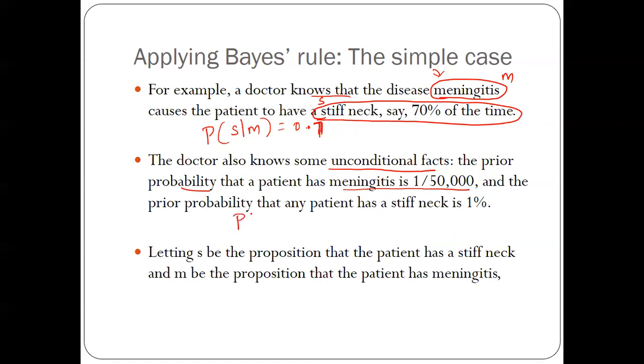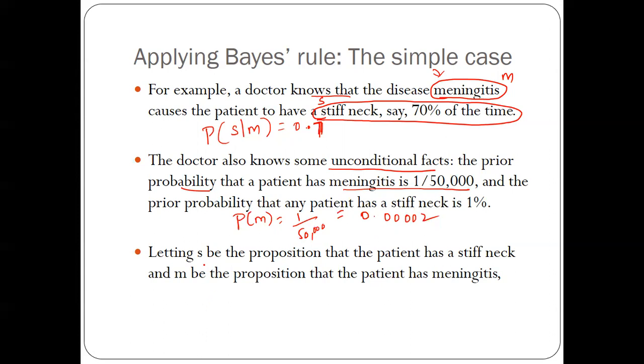That value is 0.00002. This is the probability that somebody will have meningitis.